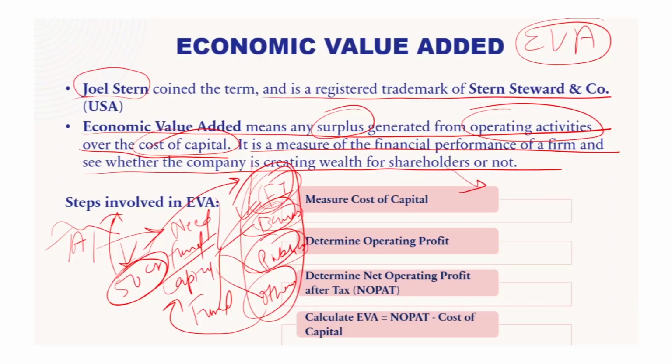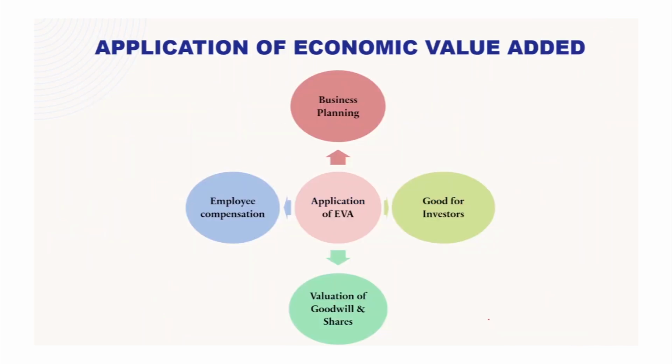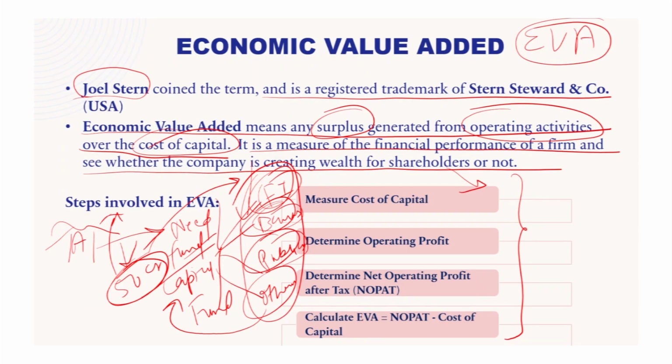Try to understand the steps involved in the EVA. The very first one is measuring the cost of capital. Suppose you are issuing an IPO of 2 crores. The issue of the IPO is going to the public. You got the 2 crore of total fund.